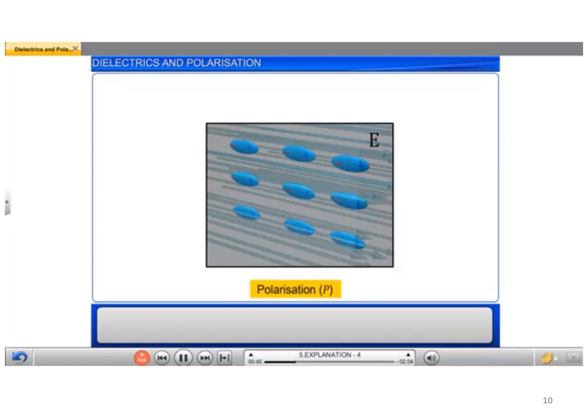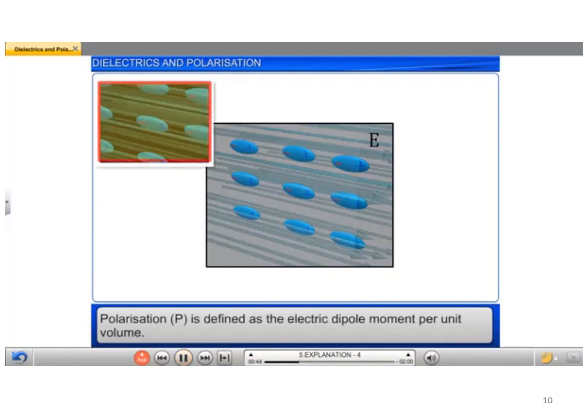Let us consider the polarization P of such materials, which is defined as the electric dipole moment per unit volume.